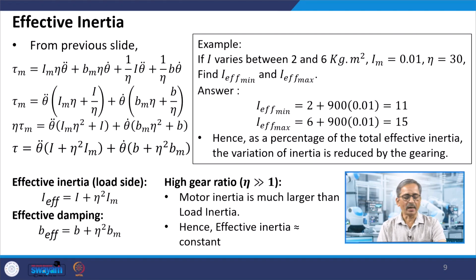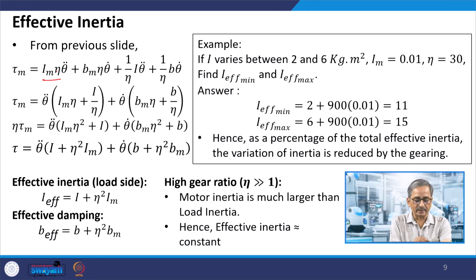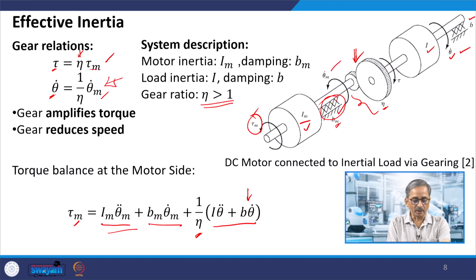Now, in this equation, if I substitute for theta m double dot from here, as well as for theta m dot, I can simplify that like this. Theta m double dot is going to be equal to what? Eta times theta double dot.